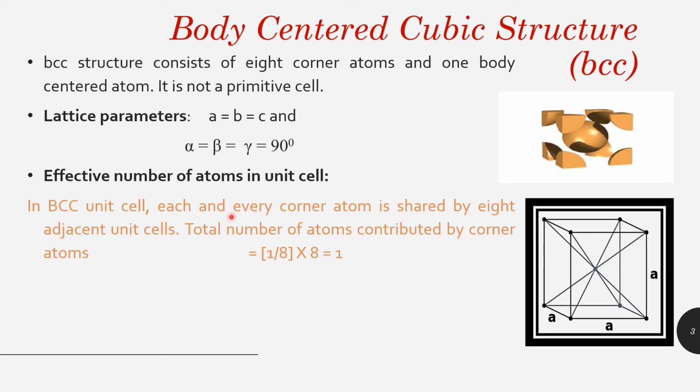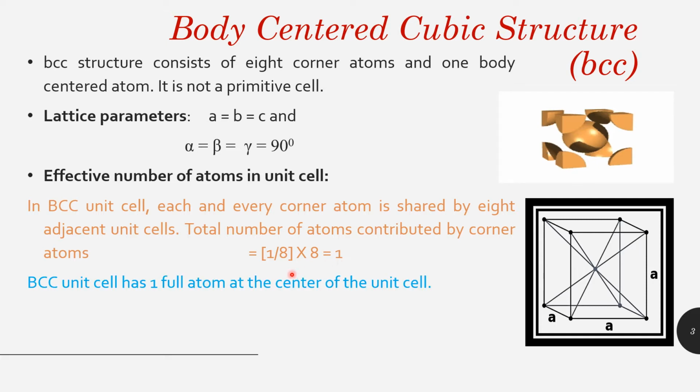So each and every corner atom, as we had seen in the simple cubic structure, is shared by 8 adjacent unit cells. So each corner atom is shared by 8 unit cells. So the total number of atoms contributed by the corner atoms will be 1/8 part into the 8 corners, which is equal to 1.